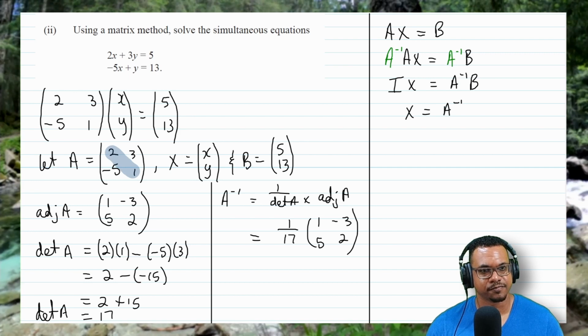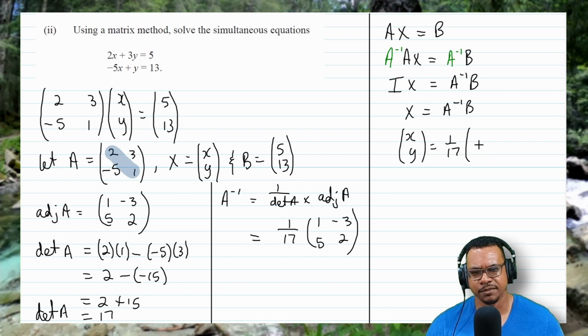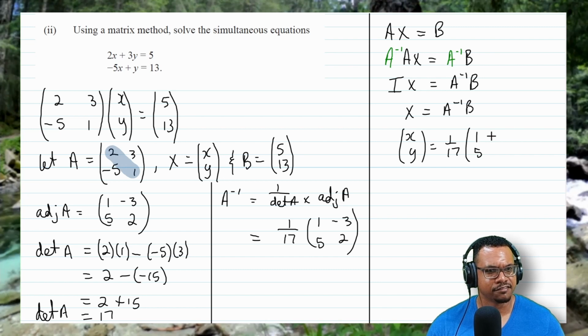All right, so X is the matrix XY, and this is A inverse, which is 1 over 17 times [1, 5; -3, 2], times B, which is [5; 13].